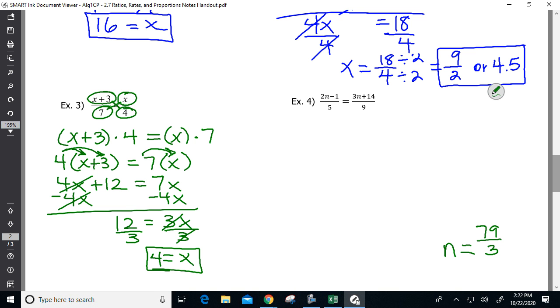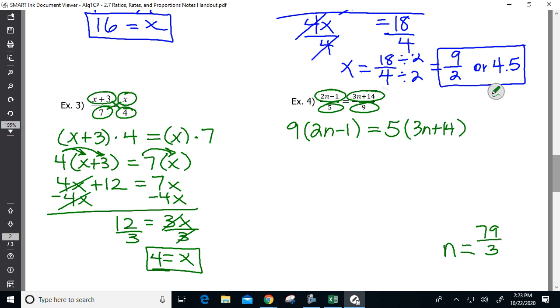So let's do example 4. 2n minus 1 over 5 equals 3n plus 14 over 9. 2n minus 1 has a variable going in parentheses. What am I multiplying it by? 9. Equals 3n plus 14 has to be multiplied by 5.